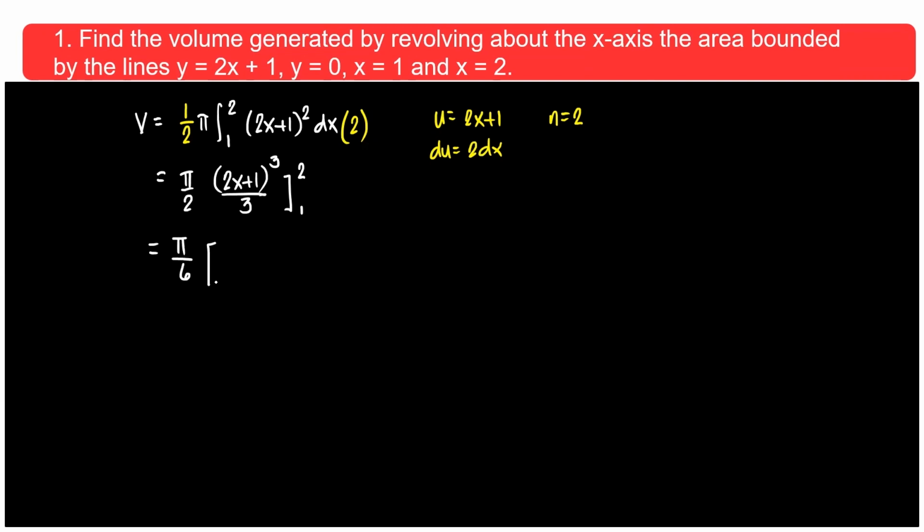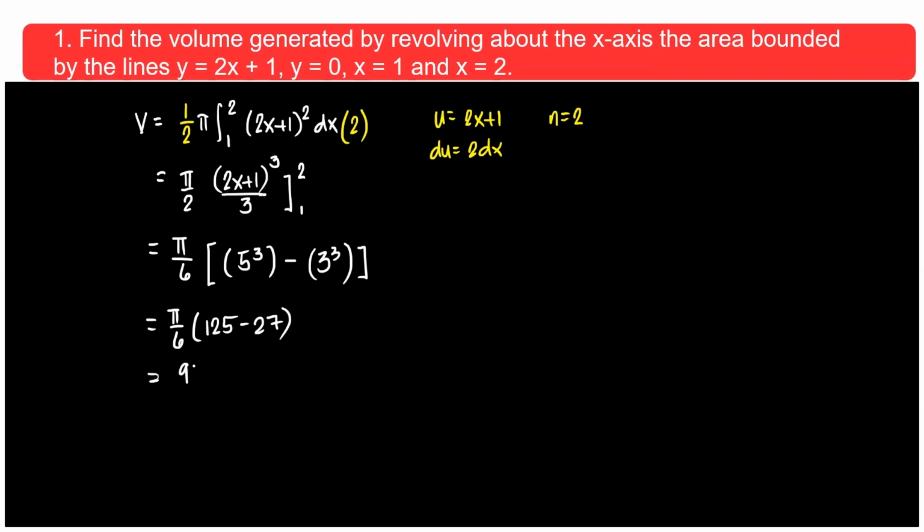This is pi over 6. 2 times 2, 4 plus 1 is 5 cubed, minus 2 times 1 is 2 plus 1, 3 cubed. So this is pi over 6 times 125 minus 27.